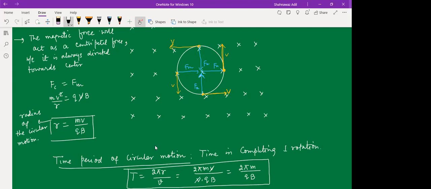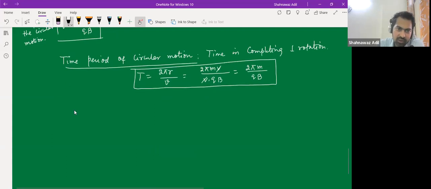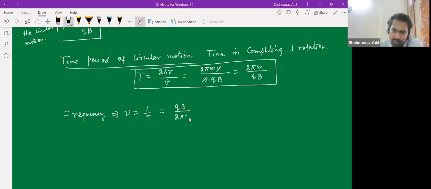Okay, and then the next thing is frequency. Frequency is nu, which is 1 by T, so this is simply qB by 2 pi m.